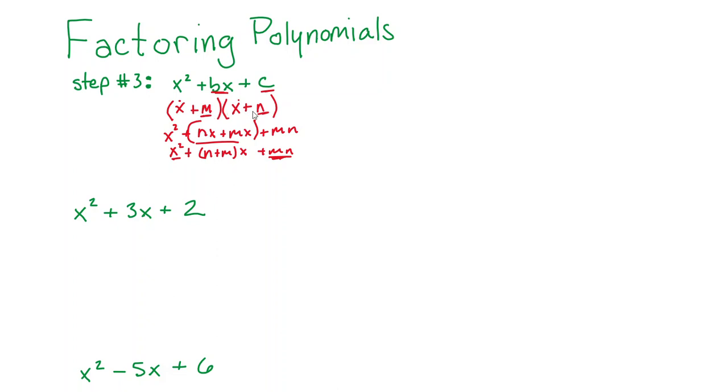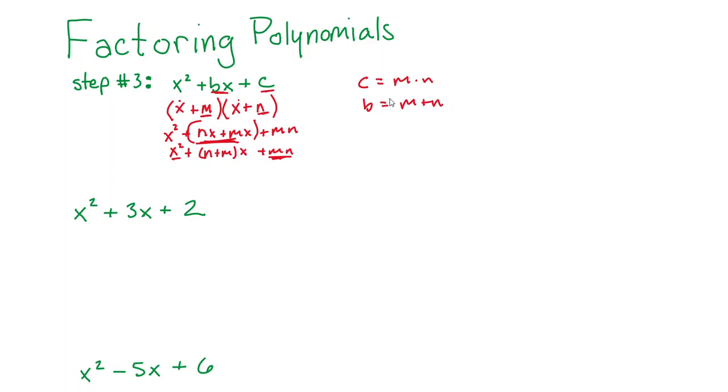Those two somethings are multiplied together to get c. So c equals m times n. And then b, the middle term, came from adding those two numbers together. Each of those numbers got multiplied by x, and then you added those together. So b equals m plus n.